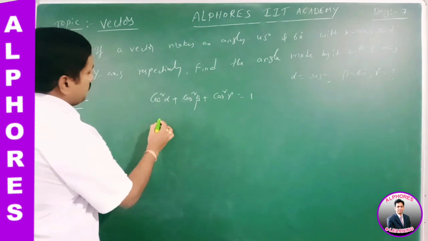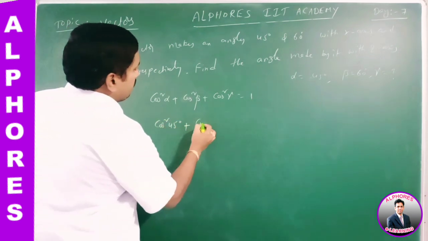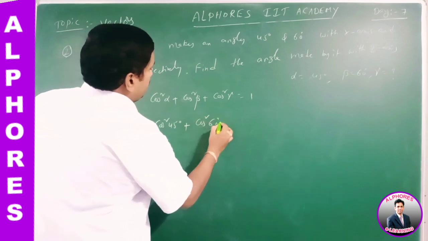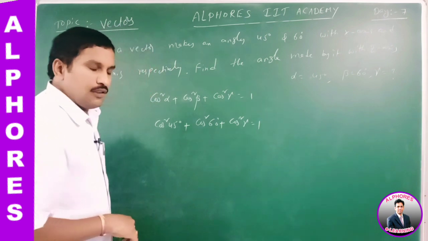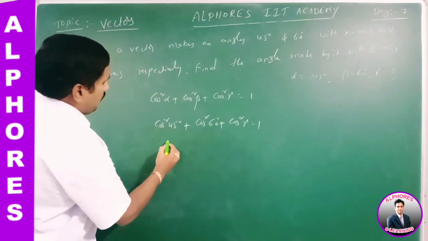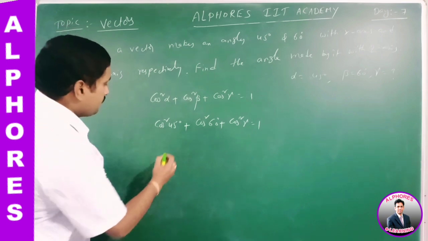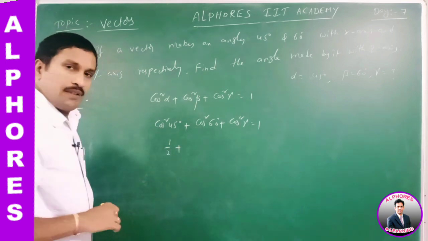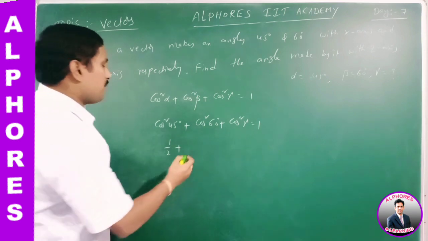Cos square 45 degrees plus cos square 60 degrees plus cos square gamma is equal to 1. Okay, now cos square 45, how much is it? Cos 45 is 1 by root 2. 1 by root 2 whole square means 1 by 2. Plus cos 60 is 1 by 2, and 1 by 2 whole square is nothing but 1 by 4.